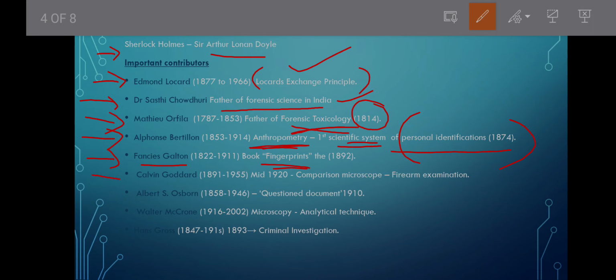Then next, moving on to Sir Calvin Goddard, from 1891 to 1955. This man was known as the father of forensic ballistics. In the mid 1920s, there was the invention of the comparison microscope. Then the examination of firearms and tool marks began, and it became famous at this time.